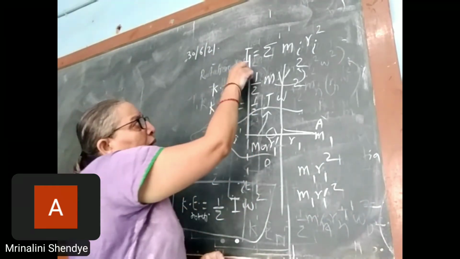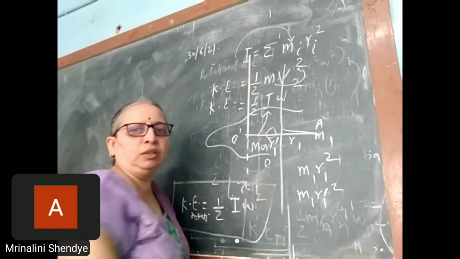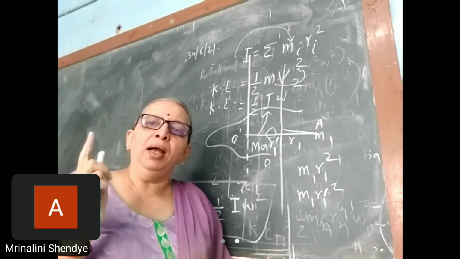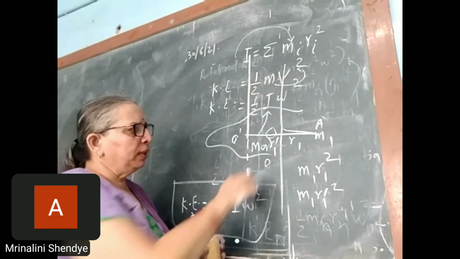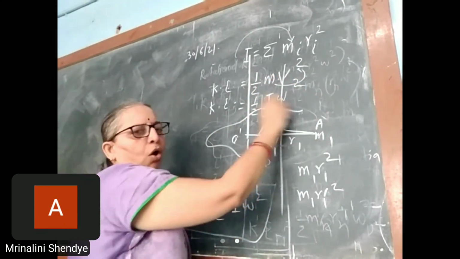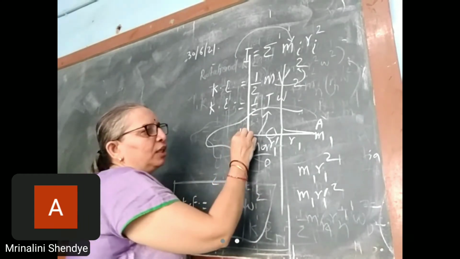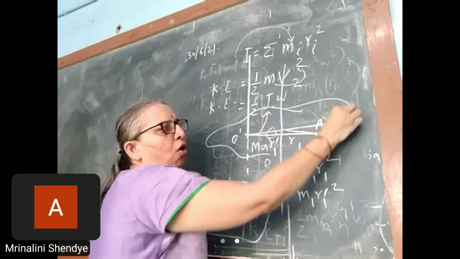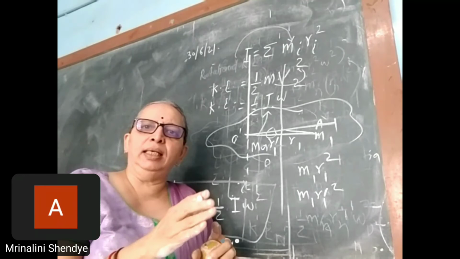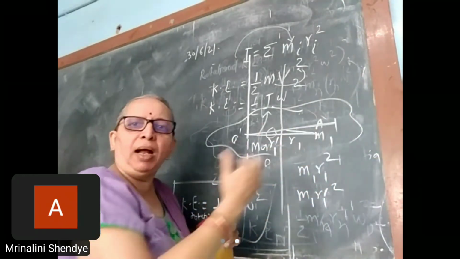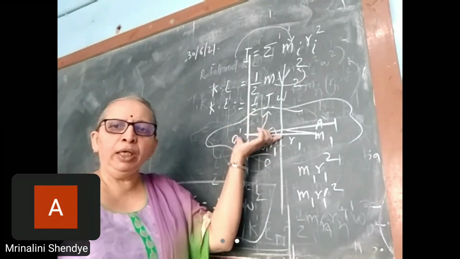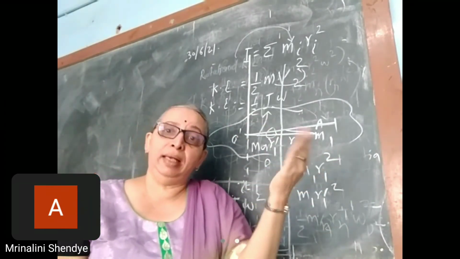So I not only depends on the mass of the whole body, but it also depends on the distribution of mass of the body about the axis of rotation. If the distribution of mass is larger, meaning the body has larger mass distribution from the axis, then the moment of inertia will be greater.